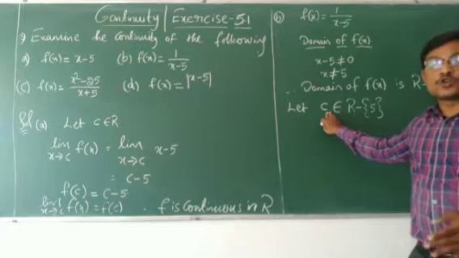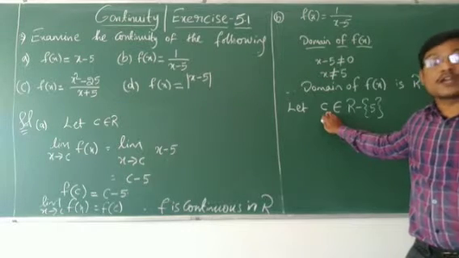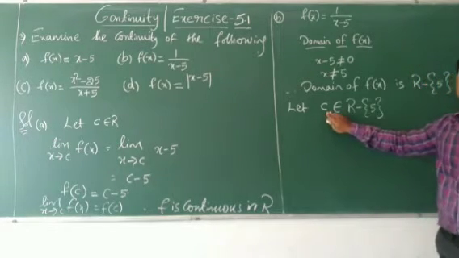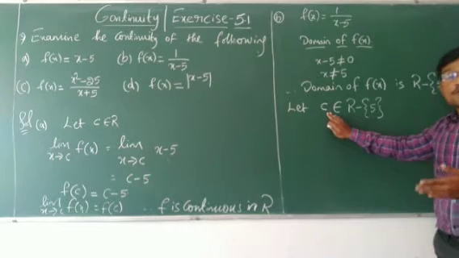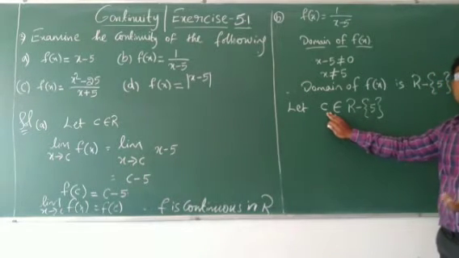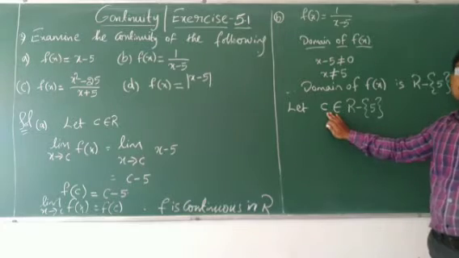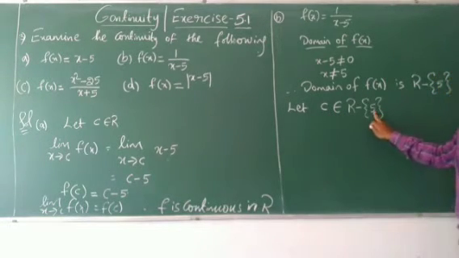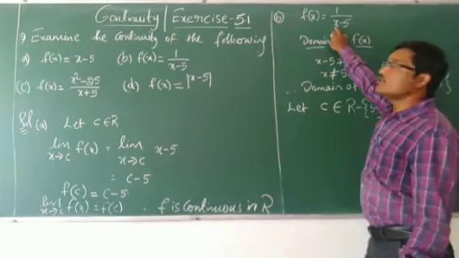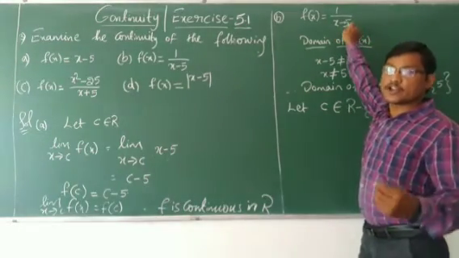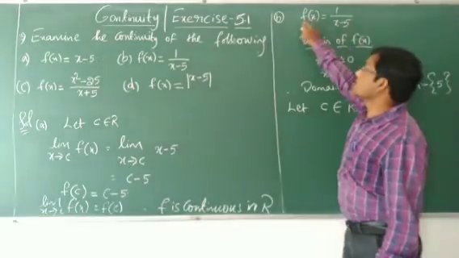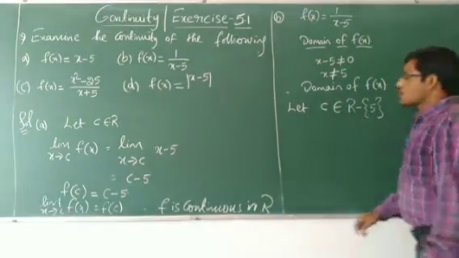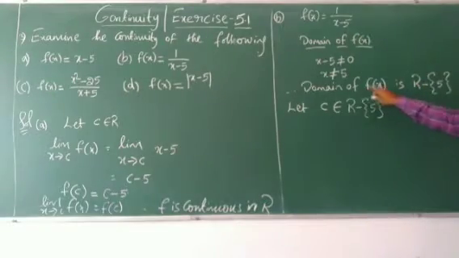C can be 1, 2, 3, 1000, 10,000, minus 10,000, minus 5,000, minus 1.1, minus 1.2, plus 1.1. It can be any real number except 5. Because if you take 5, the denominator will become 0. Then the function is not defined. So you have to take the domain, which is R minus {5}.